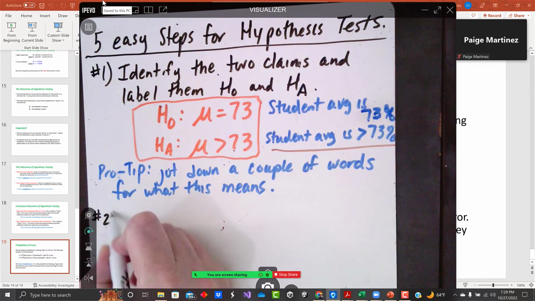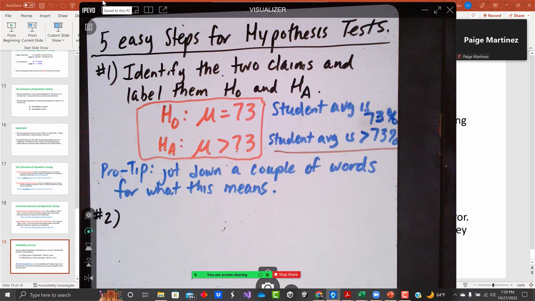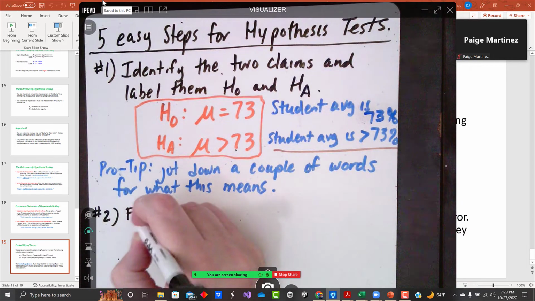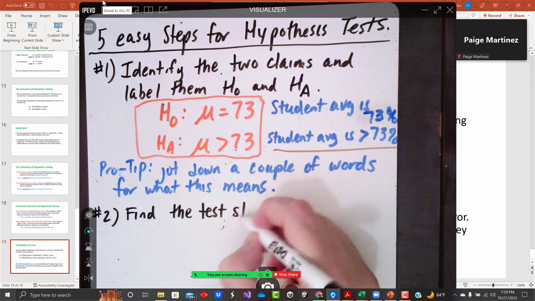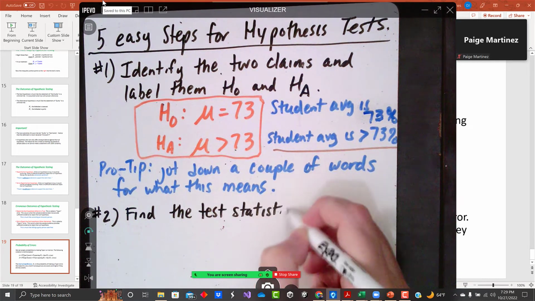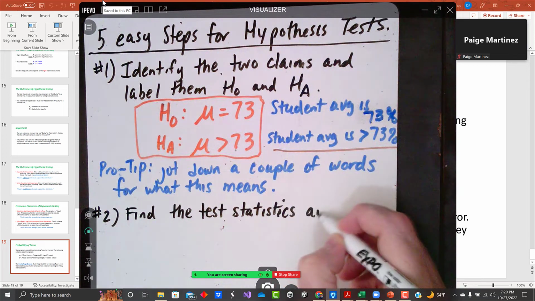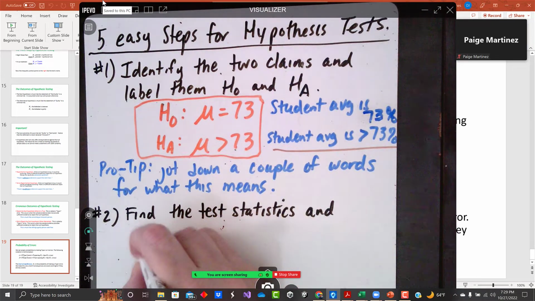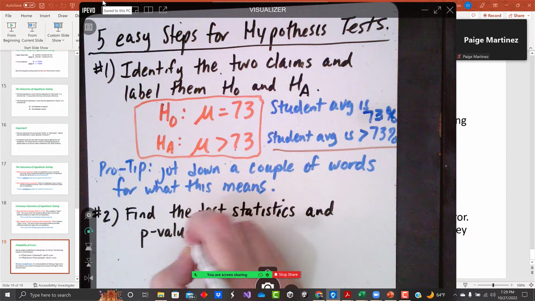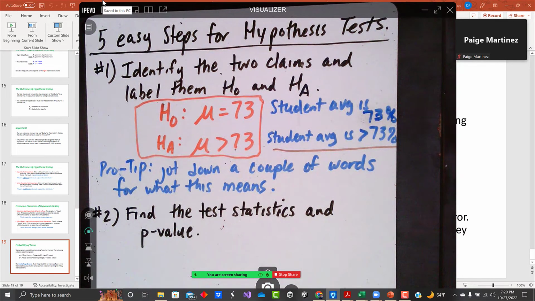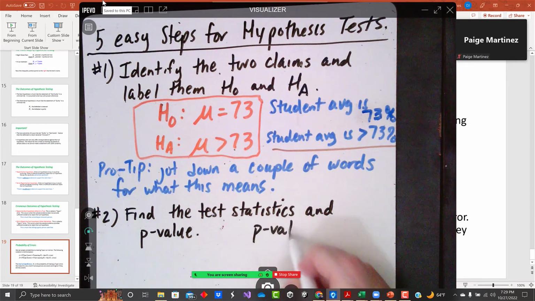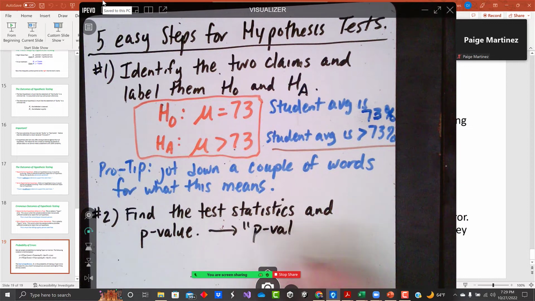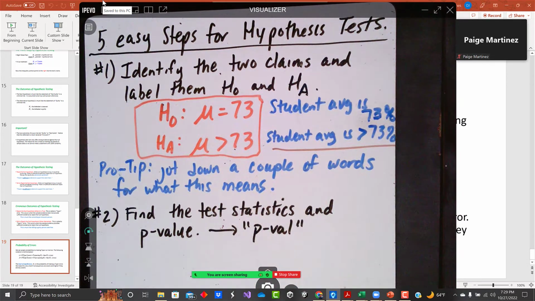So number 2 is find the test statistic and p-value. I will often abbreviate this as p-val.